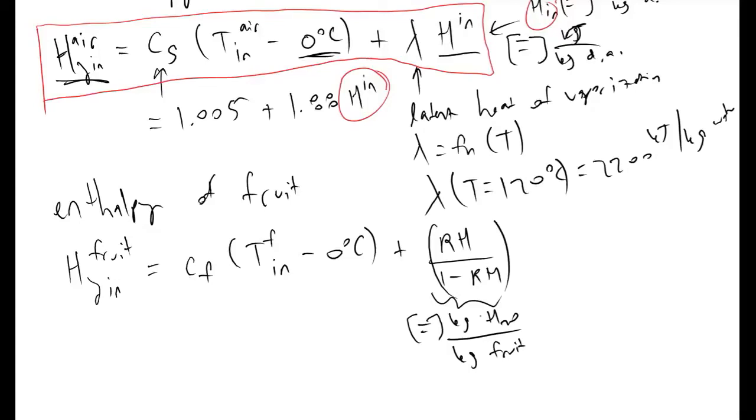And so because we now have units of kilograms of water, we're taking into account the enthalpy contribution of water, we will multiply this by the specific heat of water, Cw, and we will also multiply this by the temperature of this fruit stream, T in fruit, minus 0 degrees C. So I will now box this equation.